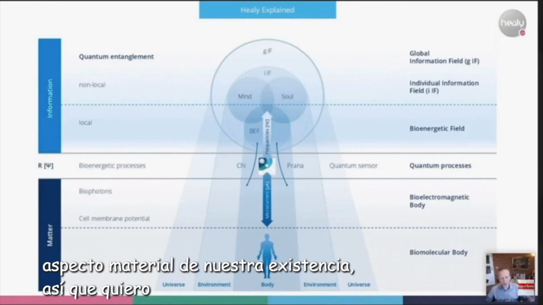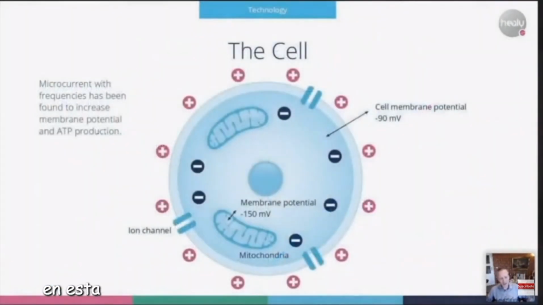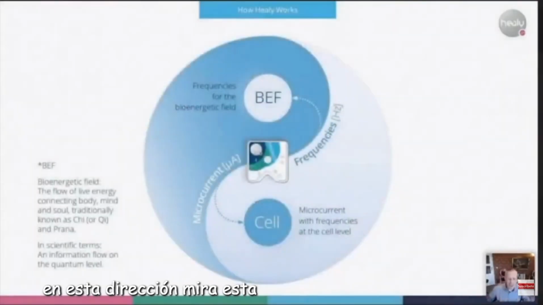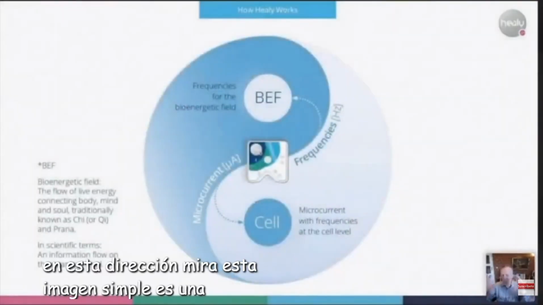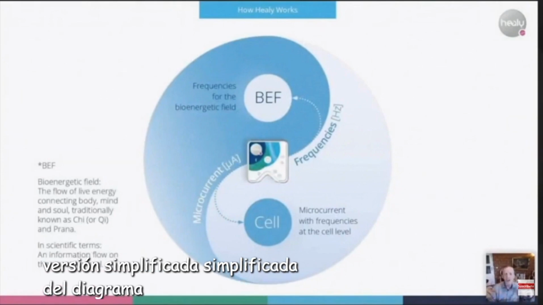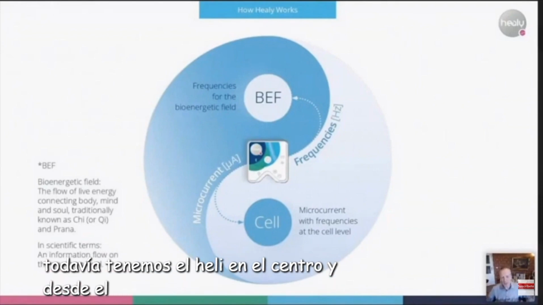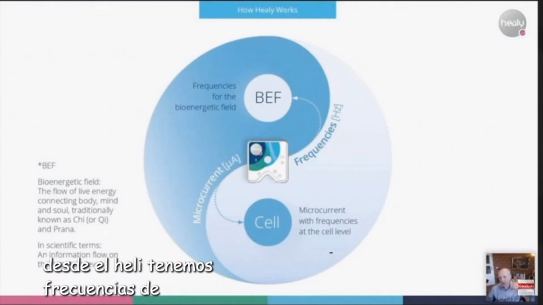So I want to show you, I can move myself in this direction. Look at this simple picture. It's a simplified version of the diagram which we just looked at. We still have the Healy in the center, and from the Healy we have microcurrent frequencies going in two directions.